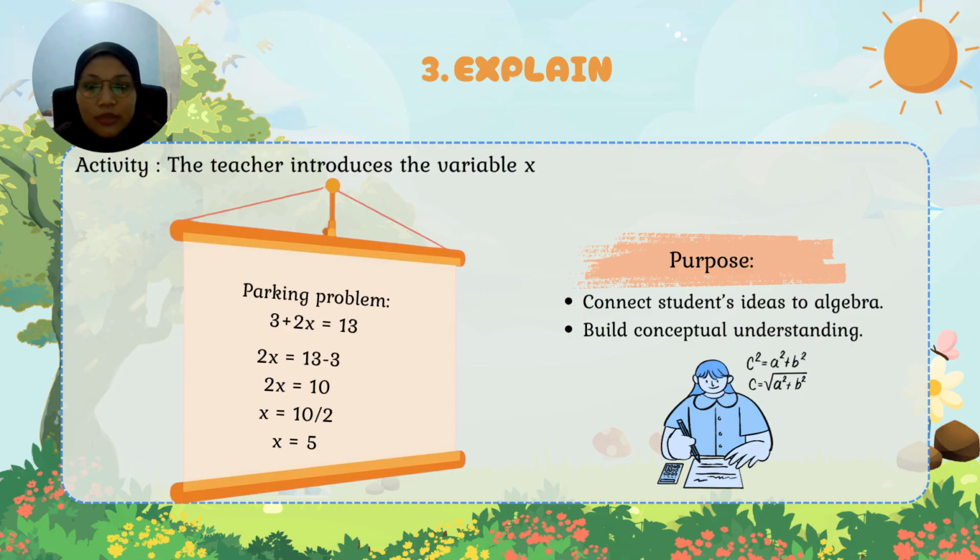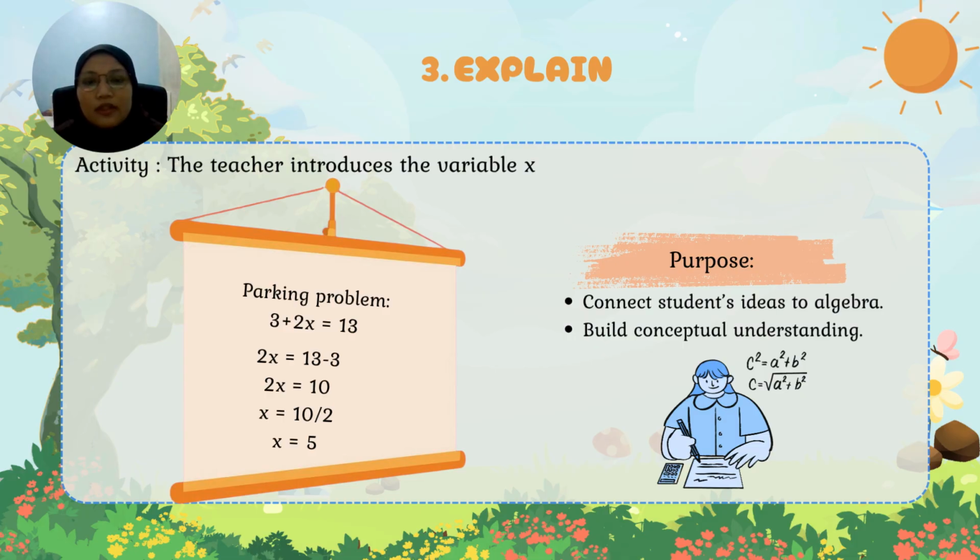Because 3 is positive, when we move it to the other side, we need to put the sign negative. So 13 minus 3, we get 10. Then 10 divided by 2, x equal to 5. So 5 is the hours of the subsequent fee.